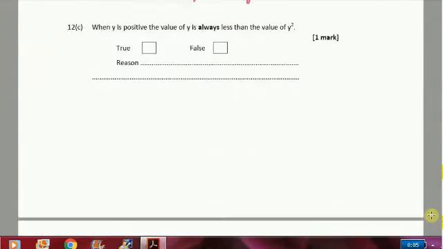And question 12, part C, when y is positive, the value of y is always less than the value of y squared. I'd say that is false, because if y is less than 1, for a number which is less than 1, when you square it, it actually gets smaller.